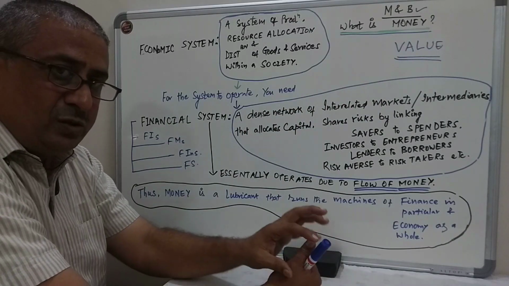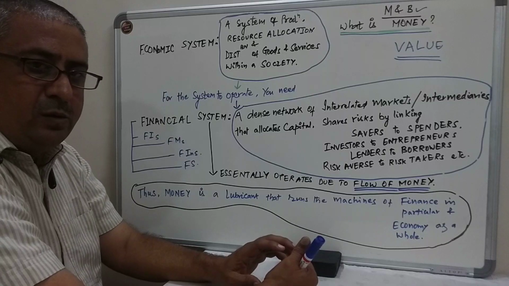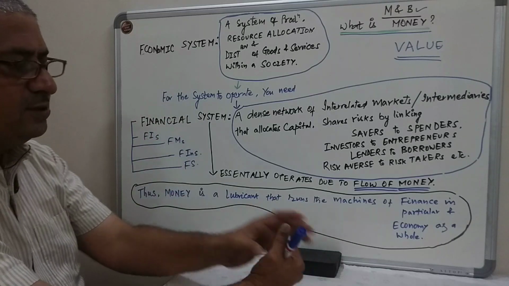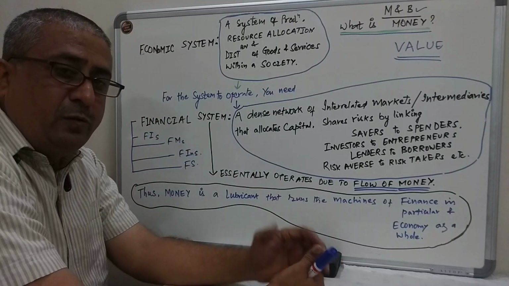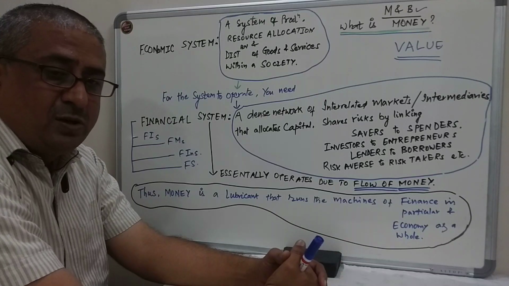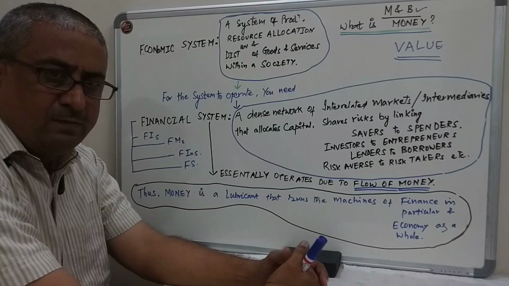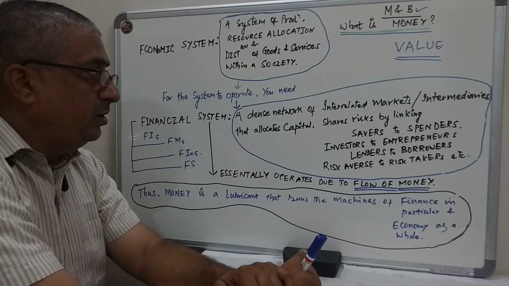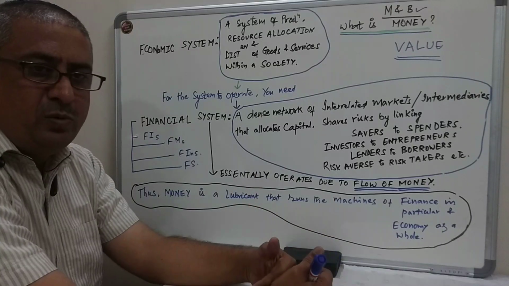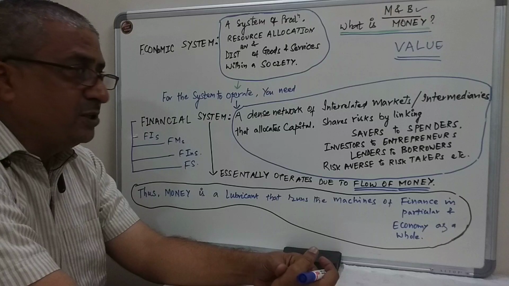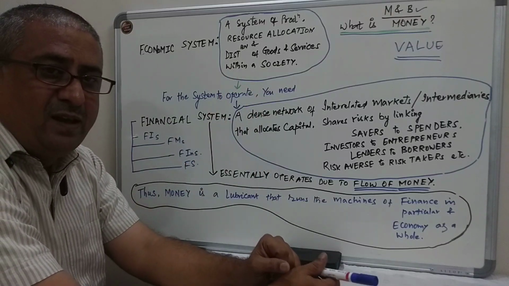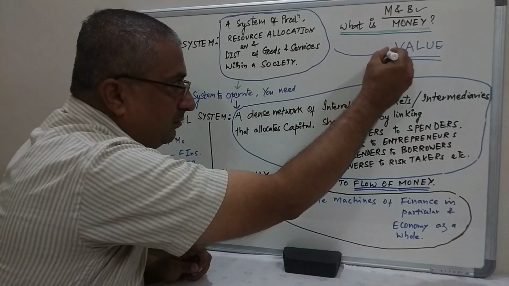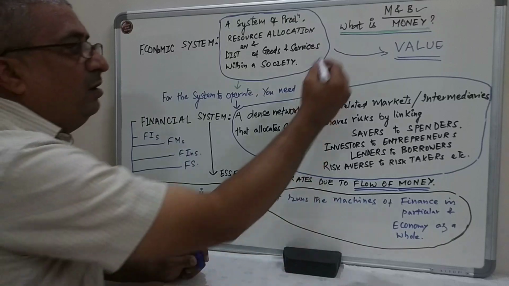Now, if we try to understand what exactly is money, we need to understand two things: economic system and financial system. If you remember, in the first semester, we had talked about what is an economic system. It's a system of production, resource allocation, and distribution of goods and services within a society having certain value.